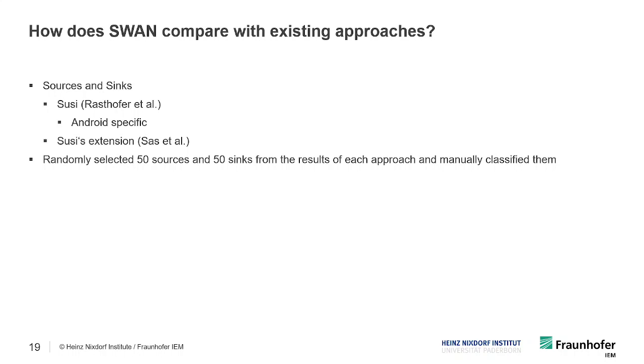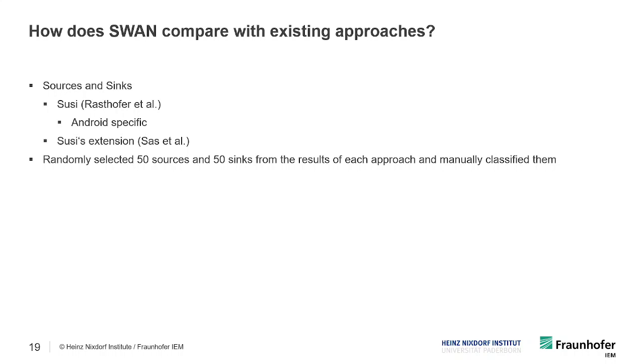So we ran all these three on the same version of JDK, and then we randomly selected 50 sources and sinks. The only thing we could compare here was sources and sinks, since SUSI and the extension of SUSI do not support validators. And then we manually classified them.